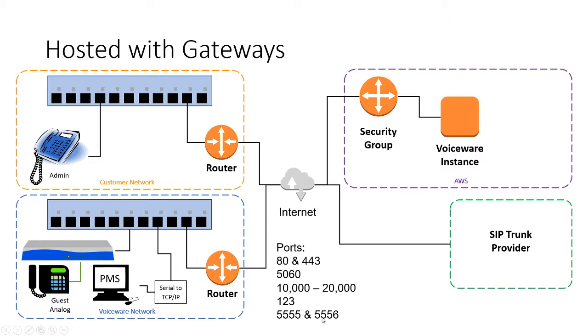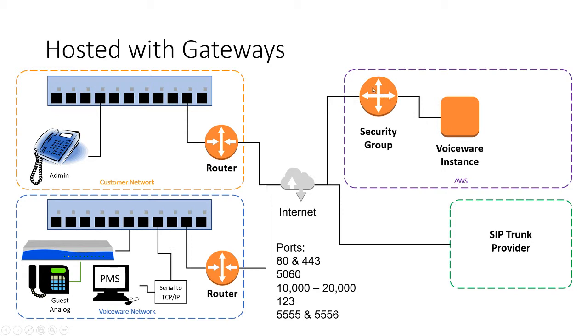Whatever you decide to use, when the system here gets a PMS connection message, let's say a check-in, it's going to take that, convert it from serial to TCP, and then send it out to the IP address of your Voiceware system up here.